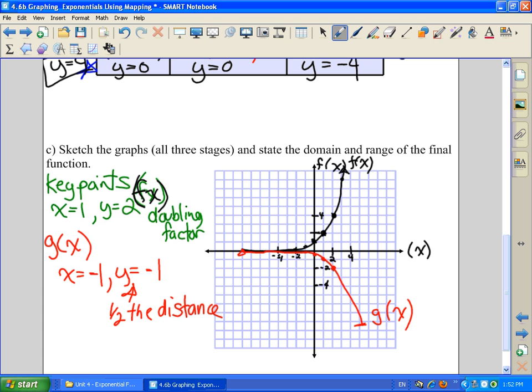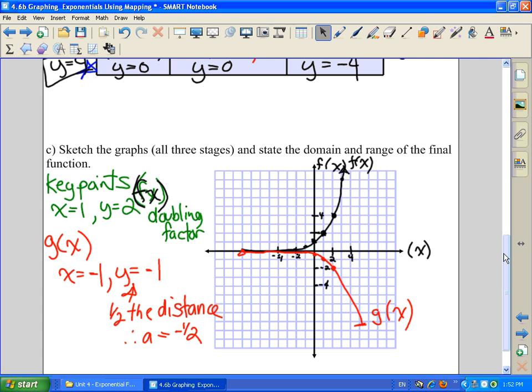So that tells us a equals, first of all, we know it's negative because it's flipped down, and that it is half the distance. So it's got to be a equals -1/2.